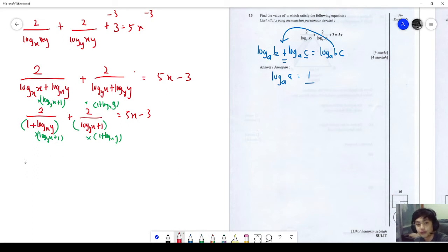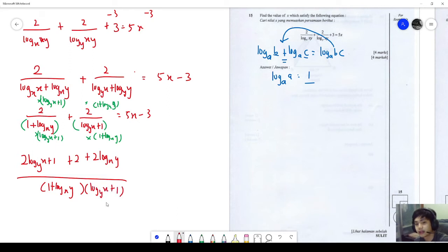So it will be 2 times (log_y(x) plus 1) plus 2 times (1 plus log_x(y)), over (1 plus log_x(y)) times (log_y(x) plus 1), equals 5x minus 3.